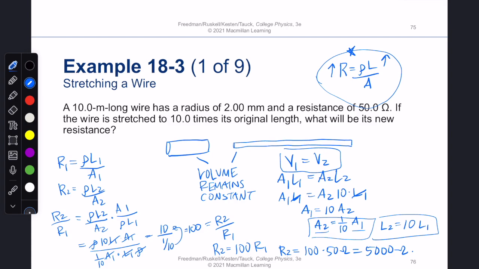So that constraint allowed us to create this second equation with A2 and A1. Plugging in this known as well allowed us to eliminate all of those unknowns and just be left with a ratio, right? A factor of how much the resistance changed.